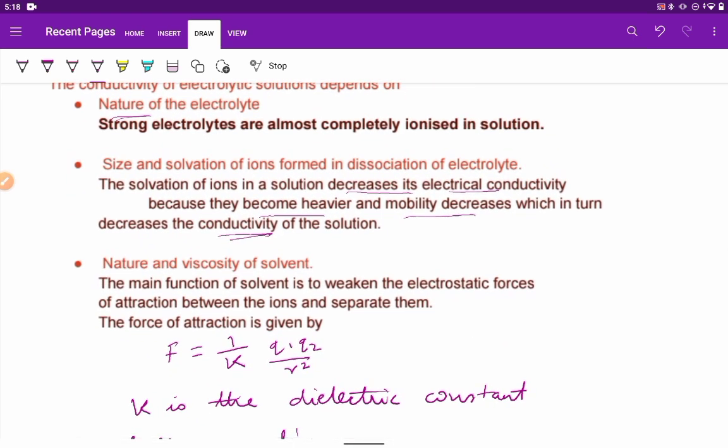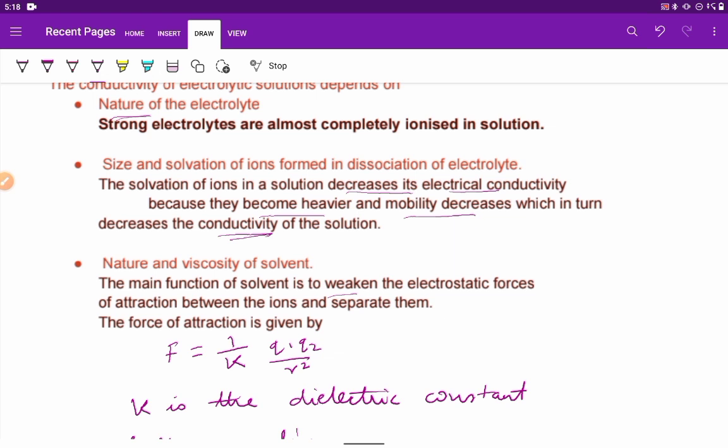Next is nature and viscosity of the solvent. Nature of the solvent is very important because its main function is to weaken the electrostatic forces of attraction between the ions, so the ions get separated.